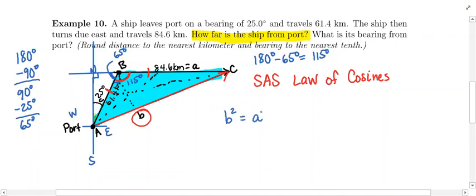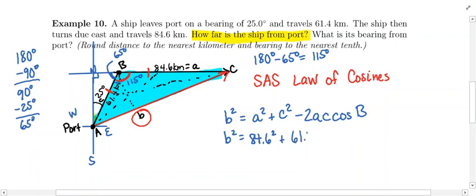Okay, so this is going to be a squared plus c squared minus 2 times a times c times the cosine of angle B. Okay, so we should be able to plug in for lowercase a, lowercase c, and angle B. So b squared is going to be, side a is 84.6 squared plus c squared is going to be 61.4 squared minus 2 times a times c times the cosine of angle B, which is 115 degrees. Okay, and this is going to give us a measurement for b squared.